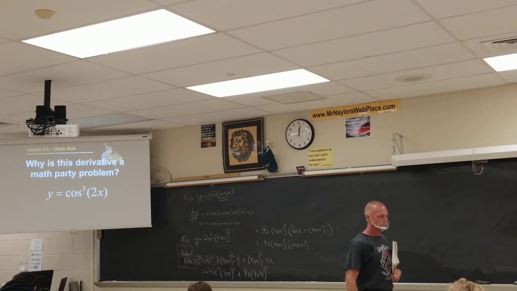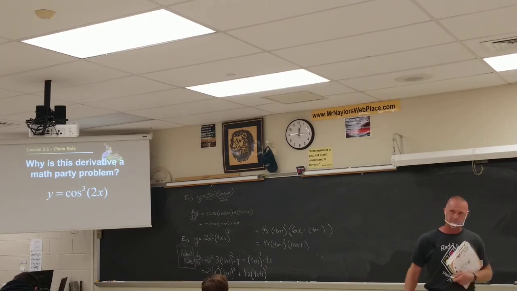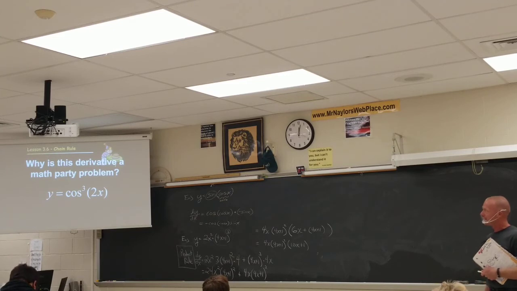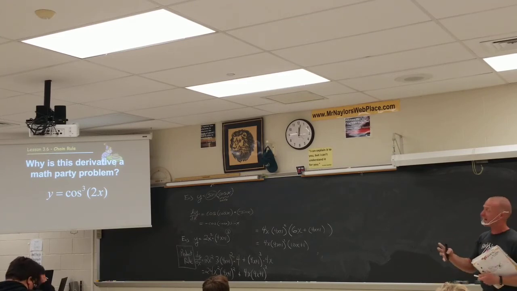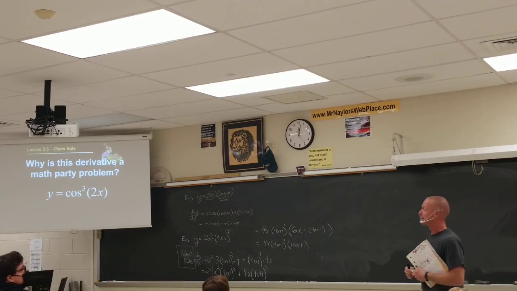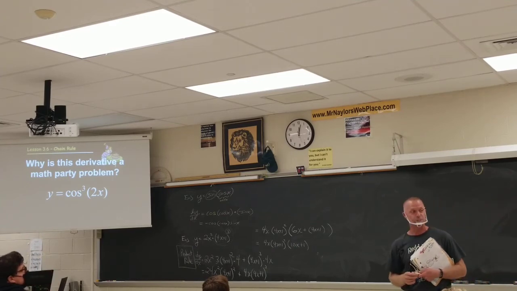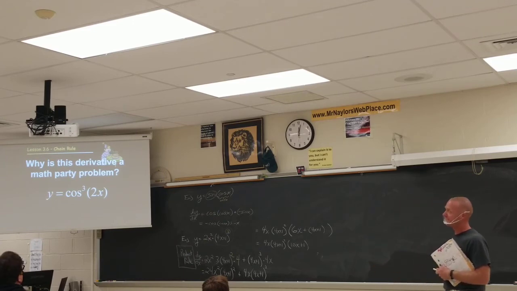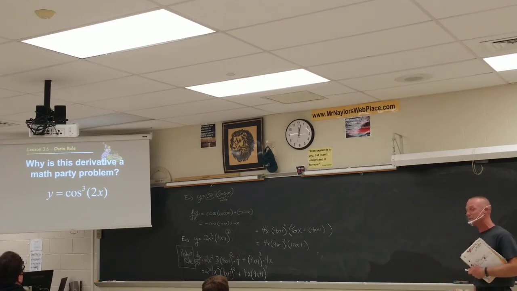Okay, so why is this a math party problem? I'm trying to get you to the point, even though it's just the first day, as soon as possible that you recognize that there's multiple functions. Okay, there's multiple functions. You should be looking at the cube, the cosine, and the 2x and saying those are all functions.